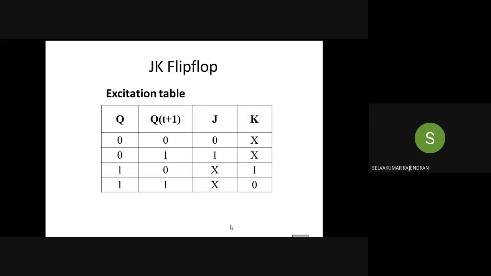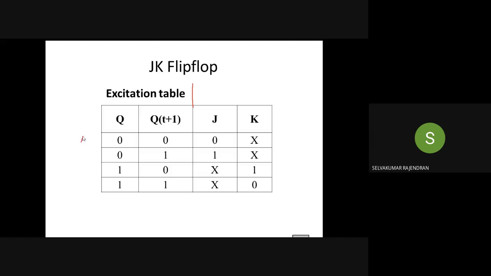Then this is the excitation table. The excitation table gives the possible inputs required for the JK flip-flop to get the given present state and next state values. Q, Q of t plus 1, present state and next state, are both 0, 0. That means two possibilities.